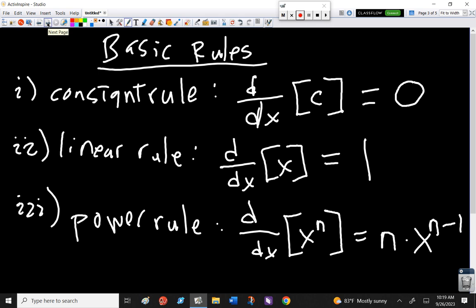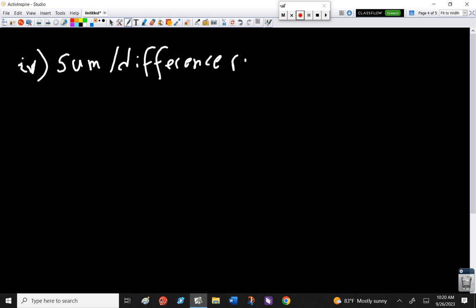Now, rule number 4, ladies and gentlemen, I'm going to combine two rules together. So rule number 4, and I'm going to call it IV. IV is 4 in Roman numerals. It is called the sum and difference rule.